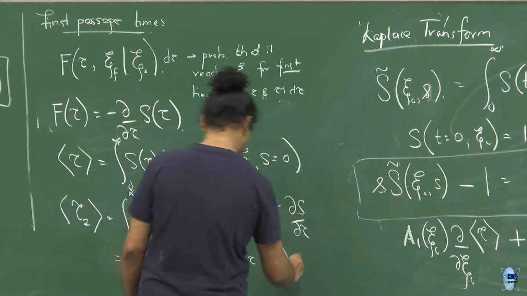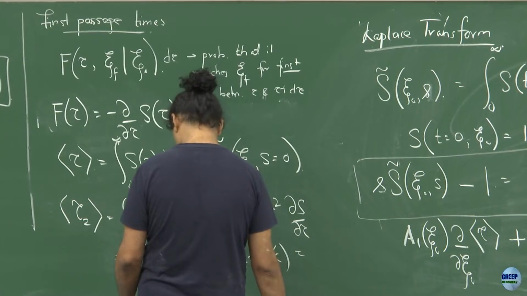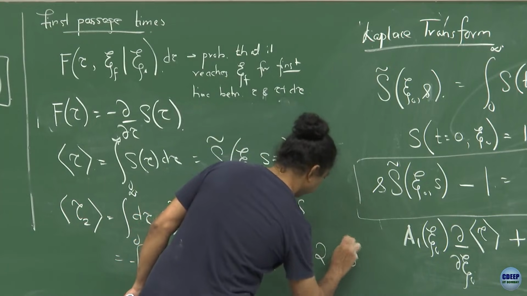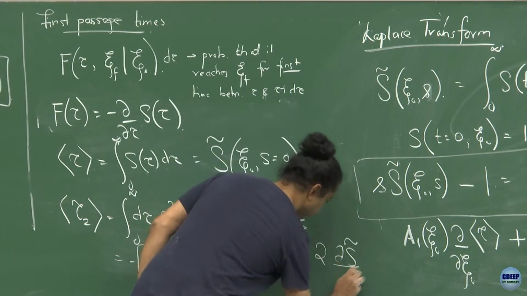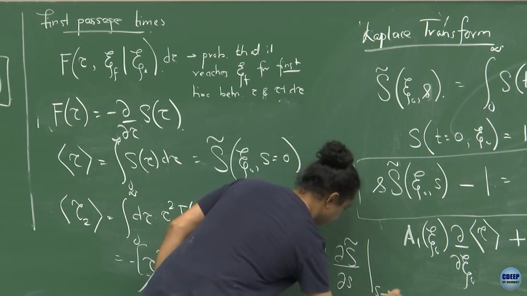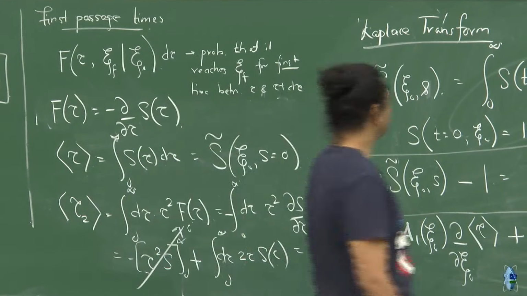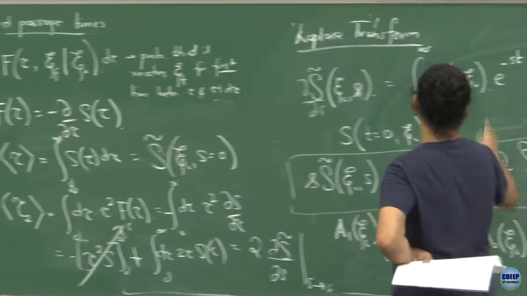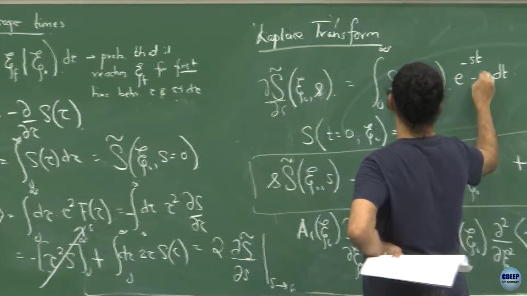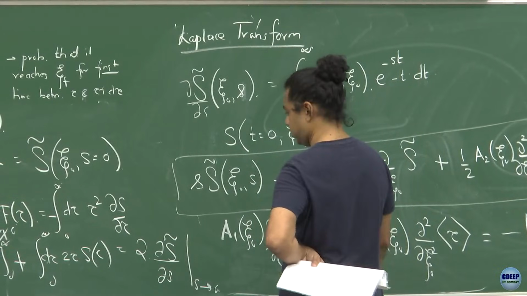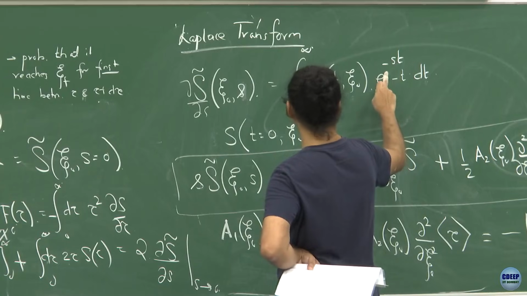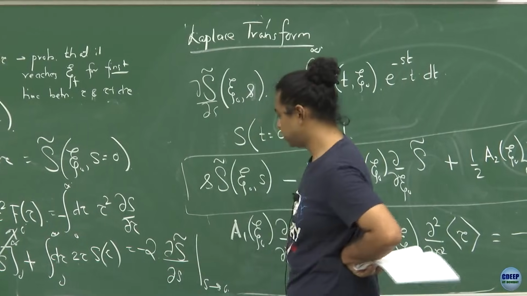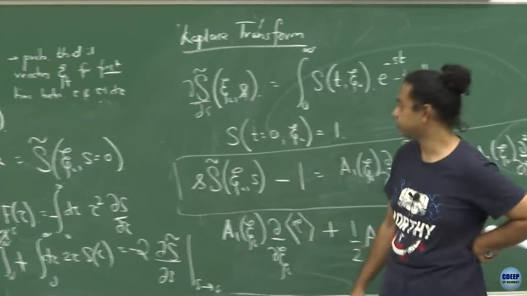So this is nothing but 2 times del s tilde, the Laplace transform, with respect to s, and then take the limit s going to 0, because del s tilde del s, I will bring down a minus t essentially. And then if I set s equal to 0, this will drop off. So I'll have a t s t with a minus sign. So it is actually minus 2 del s tilde del s as s goes to 0.